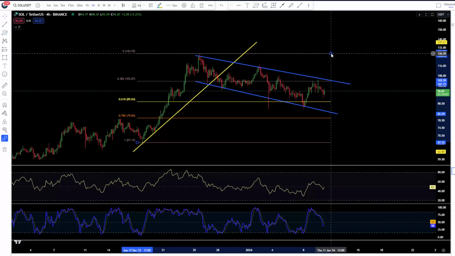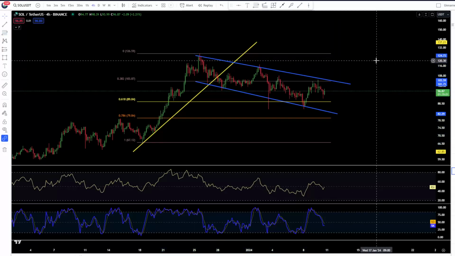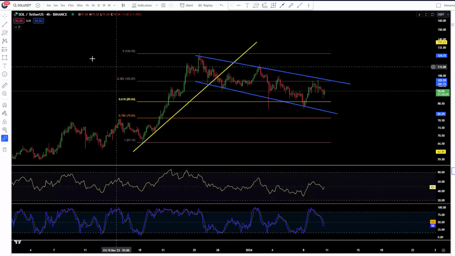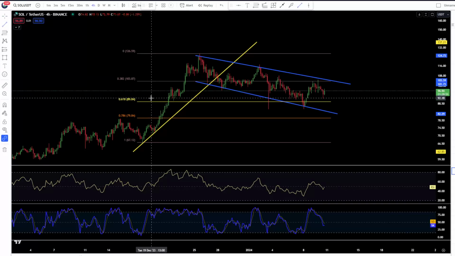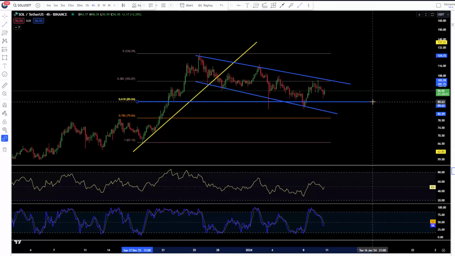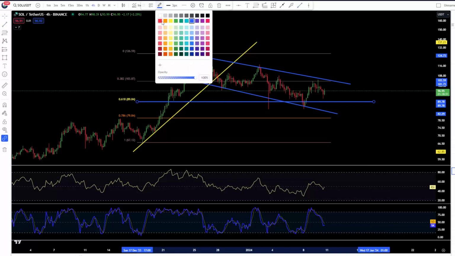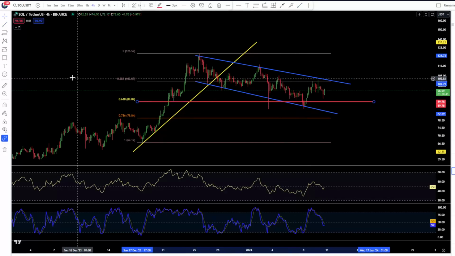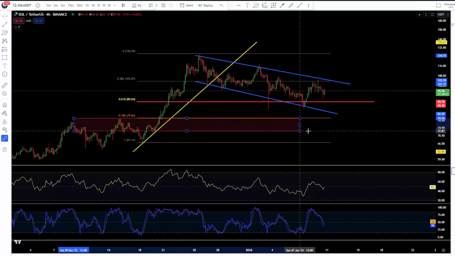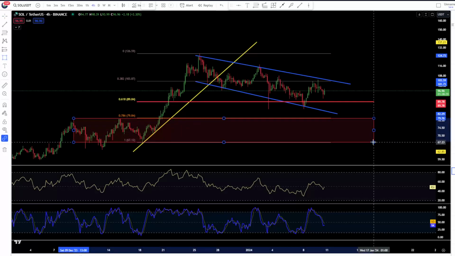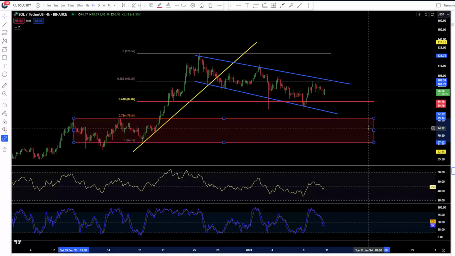Going further, we can move on to marking support areas when we start a larger correction. And here the first support is at the price of $89.78. But further we can define a very strong support zone from $80 to $67.